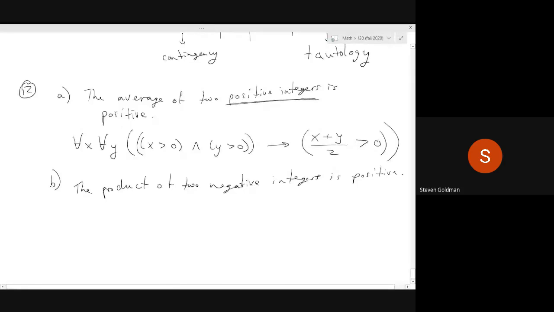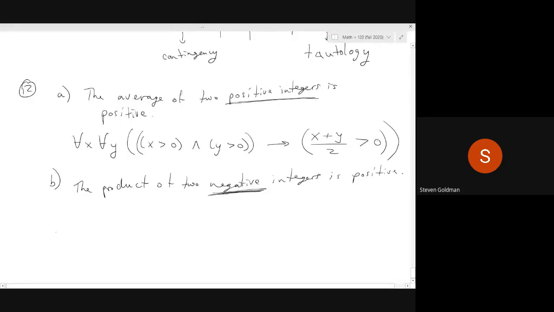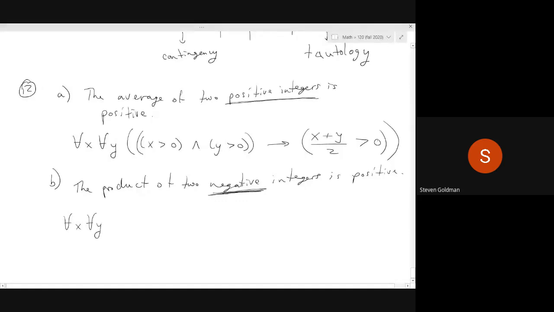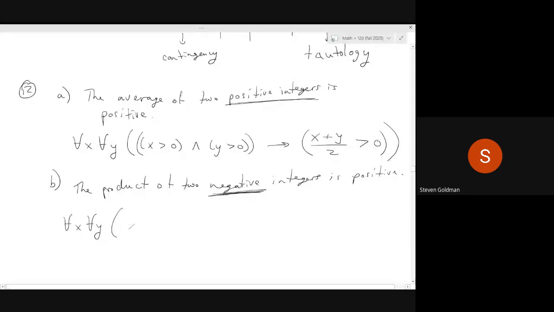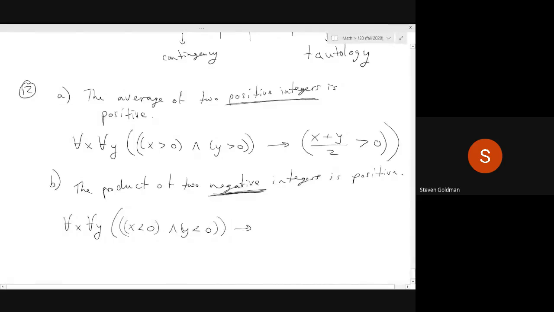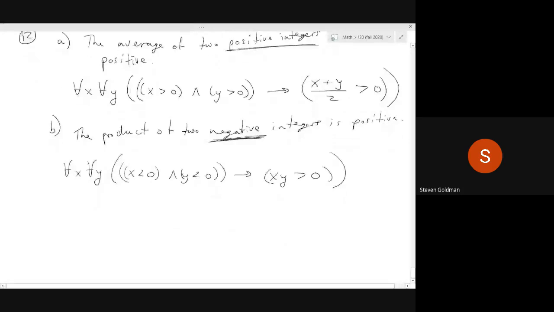We want to restrict our domain to the negative integers. So we'll say for all integers x, for all integers y, if x and y are negative, they're less than 0. So if x is less than 0 and y is less than 0, then their product will be positive. So x times y will be greater than 0. That's how we would do that.